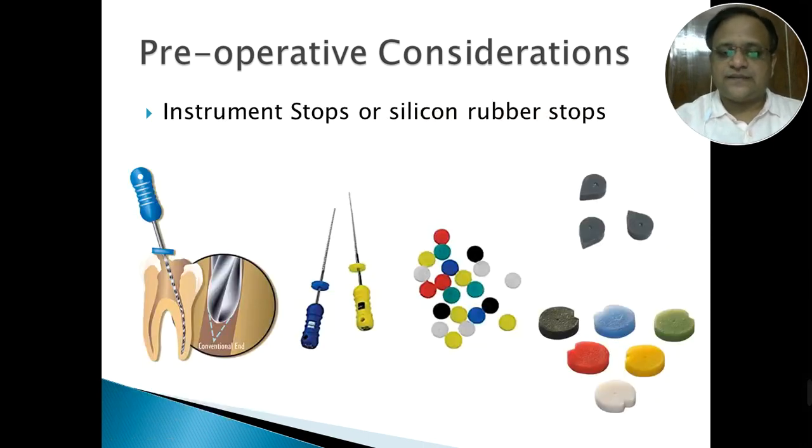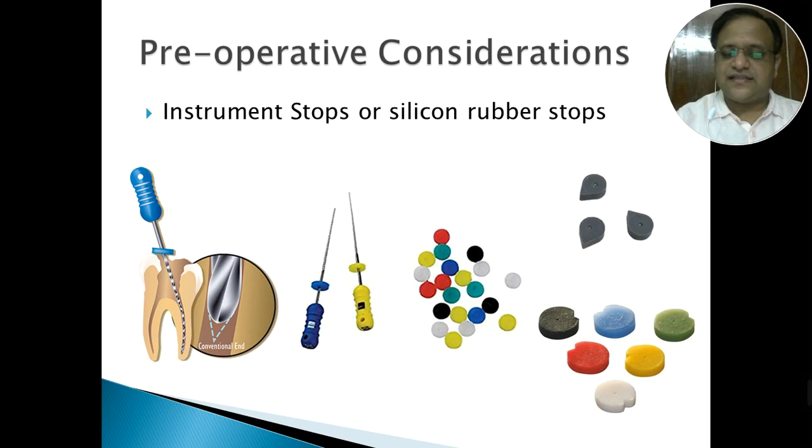So what is the speciality of the different kinds of stoppers that we see? I should remind you that once we insert the K file inside the canal for the purpose of working length estimation, there is a silicone rubber stopper on the file.